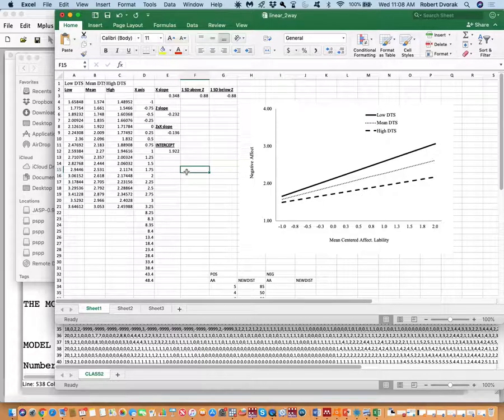b1 x plus b2 m1, good, plus m1 m2 plus what, Jake? b5 x m1 plus b6 x m2 plus b7 x m1 m2 plus I, and then plus r, which doesn't actually get calculated in here.